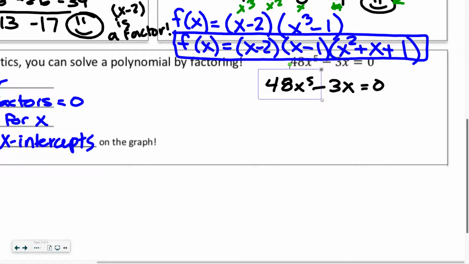This polynomial has 2 terms, so you might check your list of perfect squares, but these are not perfect squares. You might check your list of perfect cubes, but these are not perfect cubes. So you got to check for greatest common factor. You can take a 3x out of both of them. That leaves me with 16x to the 4th minus 1 equals 0.